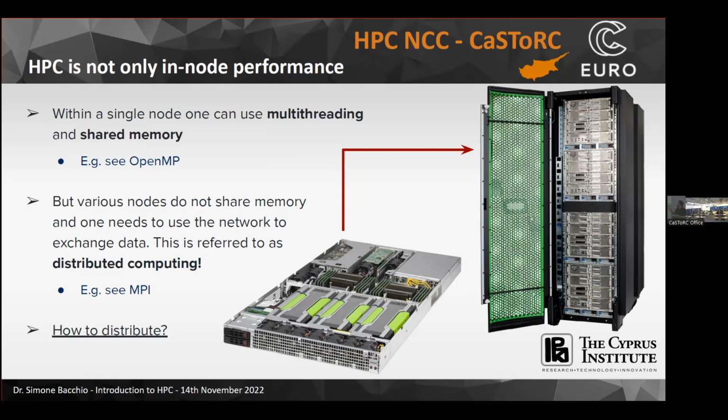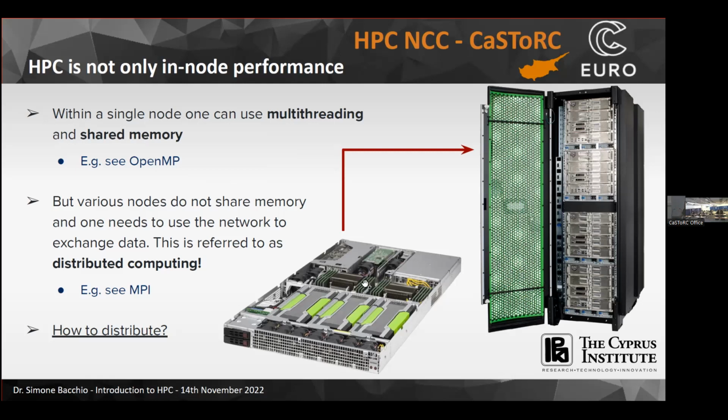What is the difference between using one node and using the whole system? The major difference, the thing you need to ask yourself, is where the data is. Your data is usually stored in memories, and these memories are connected only to your hardware and are not visible from other nodes.